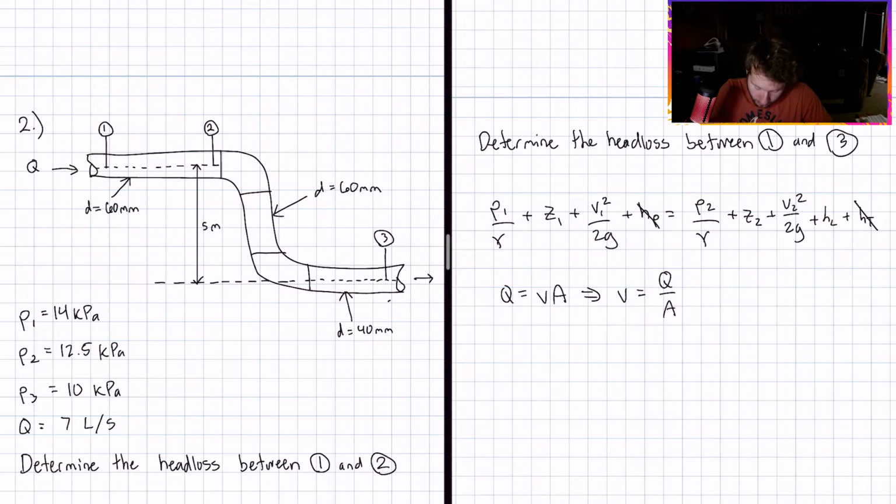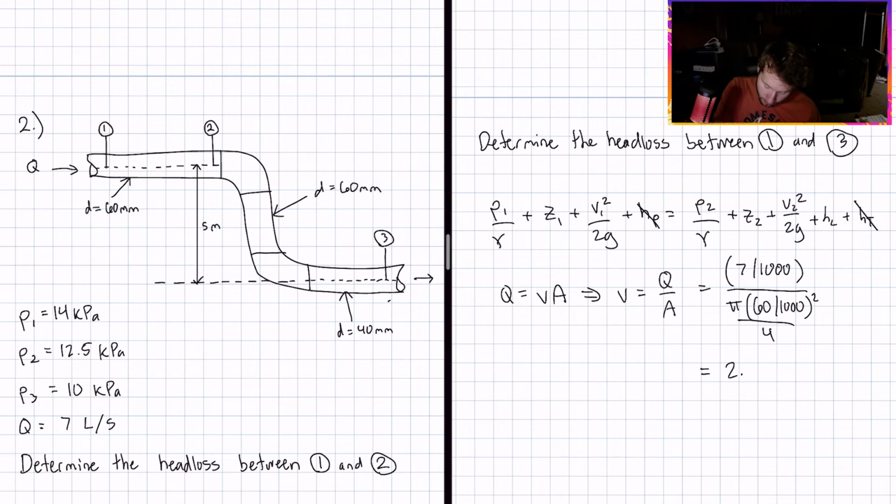We're given Q as liters per second, and there are 1,000 liters per cubic meter, so we divide the 7 liters per second by 1,000. So 7 divided by 1,000 up top for our flow in cubic meters per second, divided by pi times 60 millimeters converted to meters, 60 divided by 1,000, over 4. Don't forget that squared there. That gives us a velocity of 2.477 meters per second at point 1.